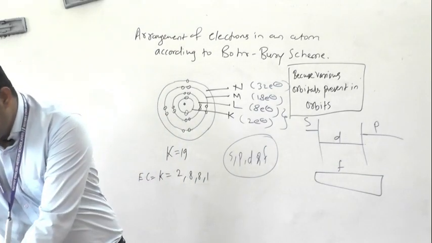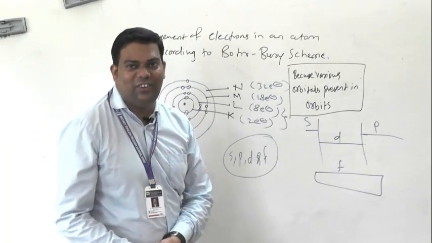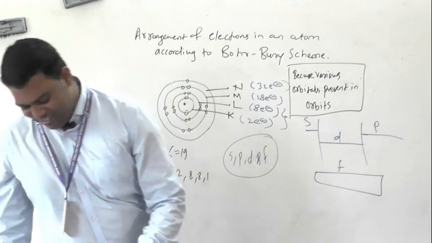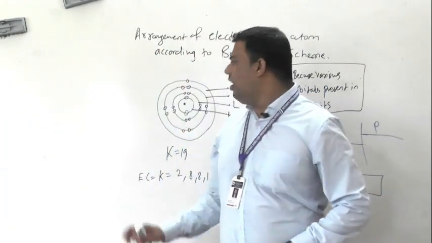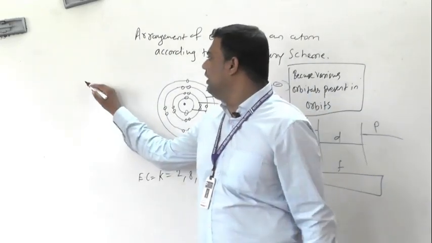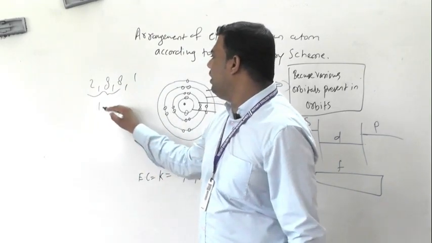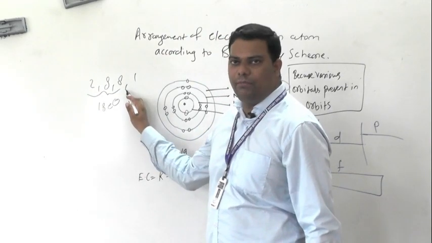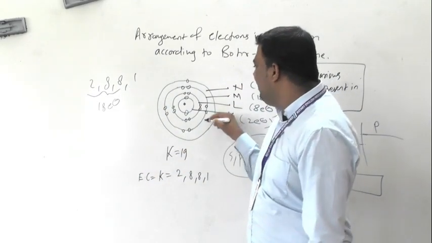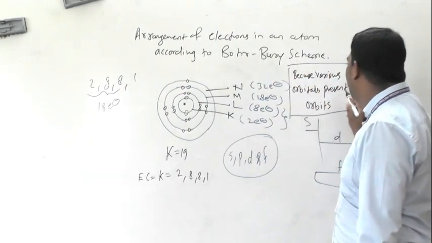Understood? After that, some rules were discovered for filling electrons in orbitals. Keep one thing in mind: 2, 8, 8 and 1, up to 18 electrons, but when it is time to fill the last electron, it never goes into the third shell only, it goes into the fourth shell, because various orbitals are present in orbits.